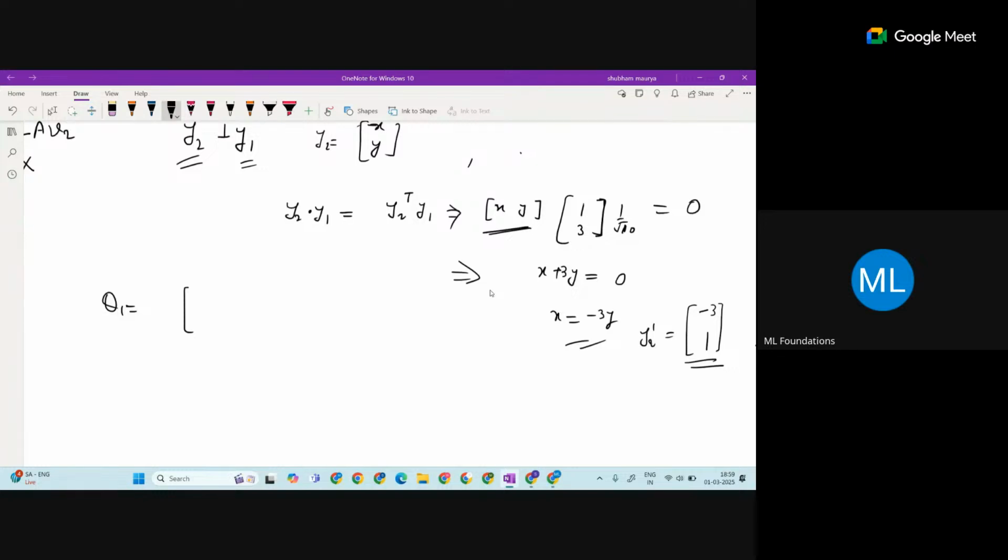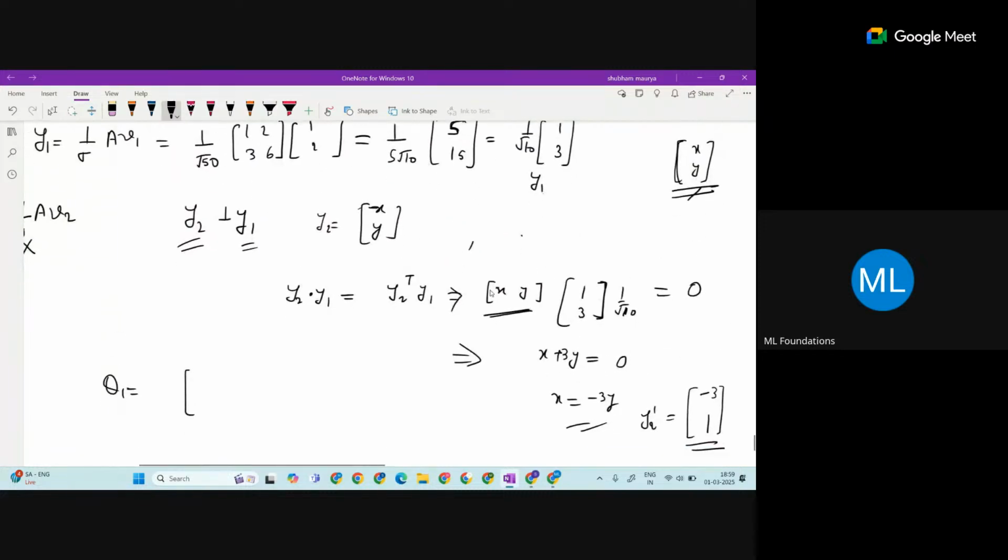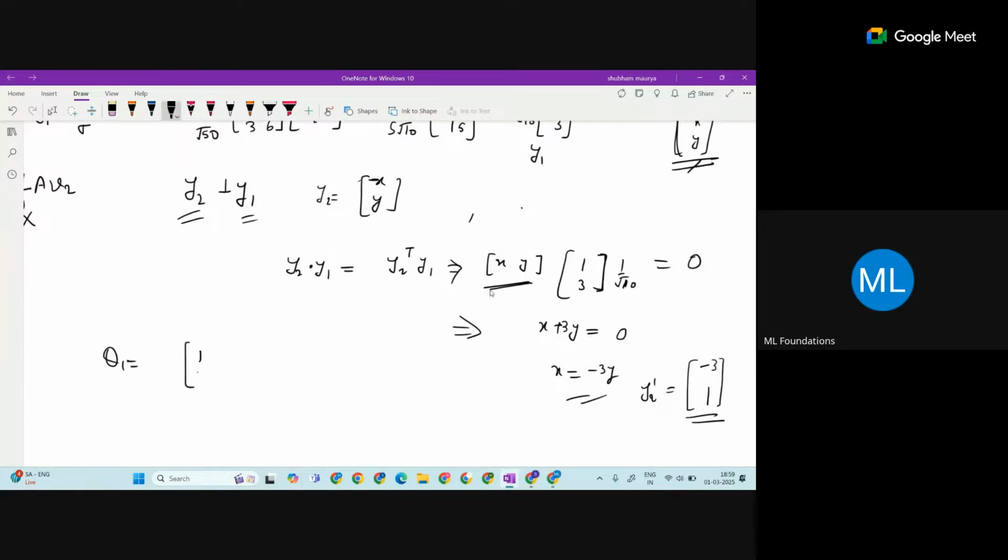Correct, you're right. So for 50 we are getting 1, 3, normalized by root 10, and the other is minus 3, 1. So this is our Q. Now this is the SVD.